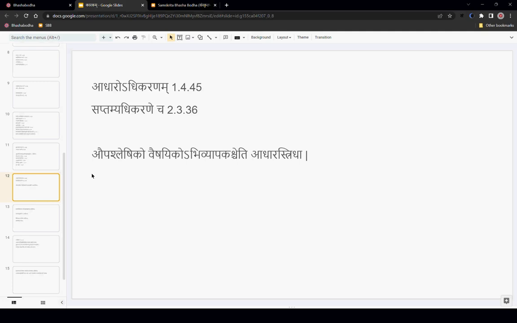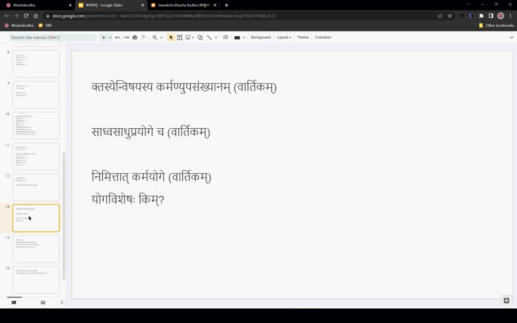Adhikaranas aupashleshika, vaishayika, abhivyapaka: iti adharah tridha. Aupashleshika means when there is a contact, vaishayika when there is a subjective interest, abhivyapaka where it is pervading the adhara. Those three types of adharas we saw. Then other examples where the adhikarana sanjna is imposed.